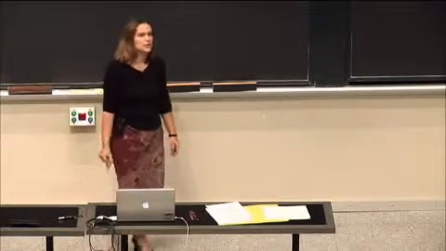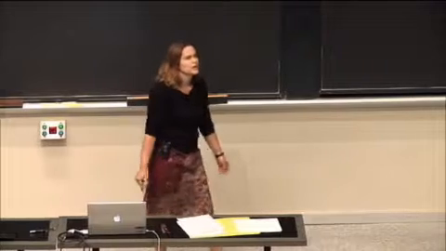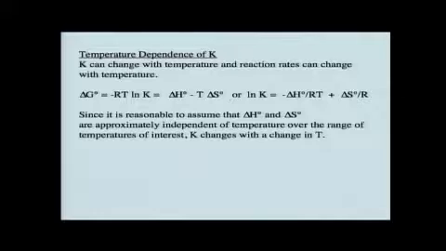Let's consider that. So let's look at some of the equations that we know that have delta H in them. Delta H, again, is our predictive factor when we're talking about changes in temperature. We know that delta G naught is minus RT natural log of K. So that's the relationship with our standard free energy, our gas constant, temperature, and our equilibrium constant.